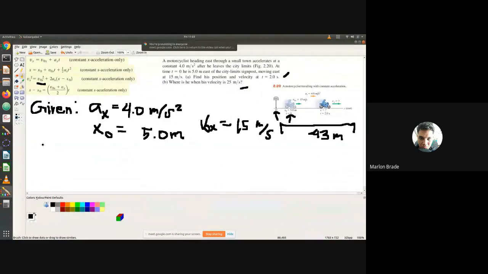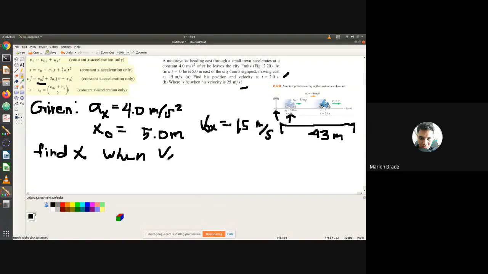So, ang question is, find x when Vx nimo, ang imong final velocity, is 25 meter per second.